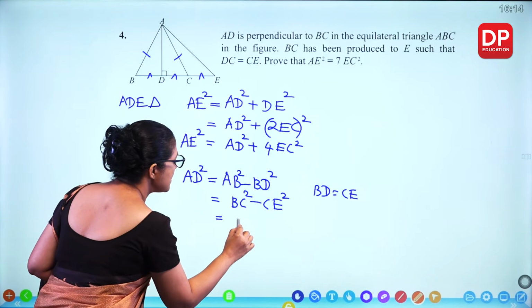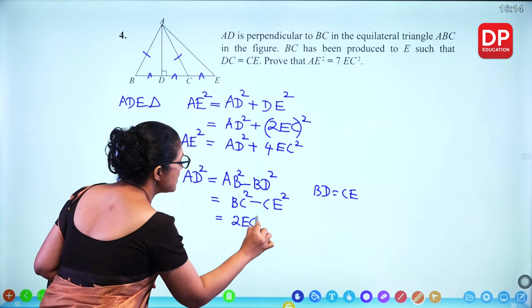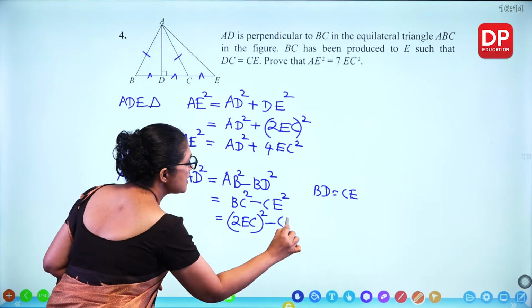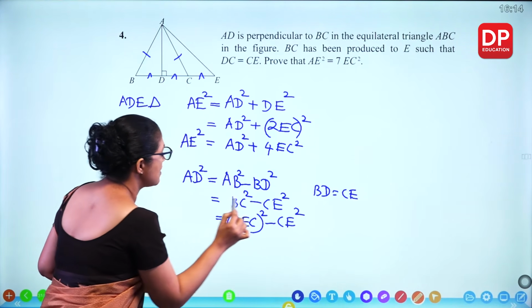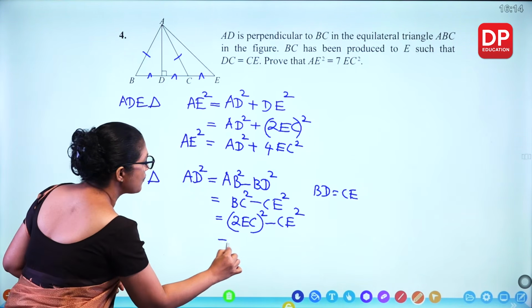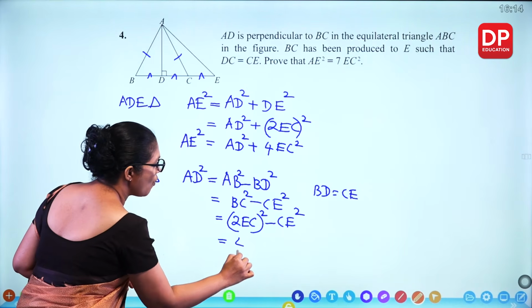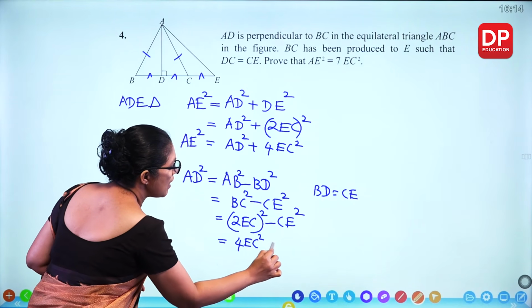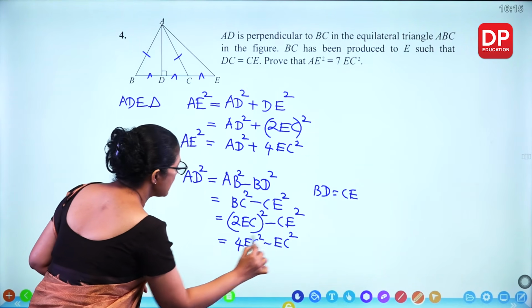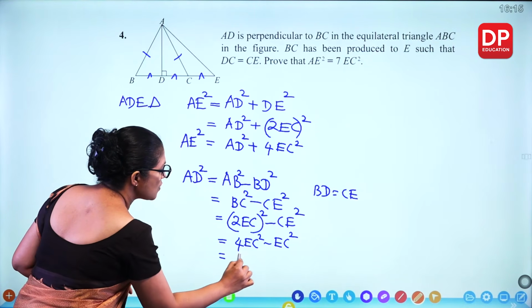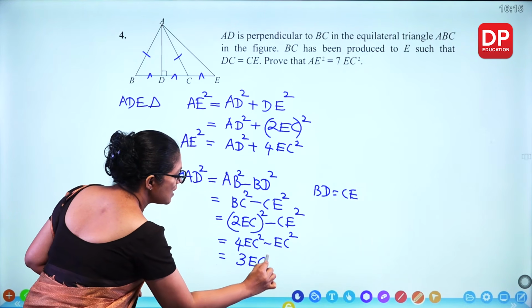So instead of BC I can write 2EC squared minus CE squared. 2 times 2, 4. 4EC squared minus EC squared. You get 4 minus 1, 3EC squared.